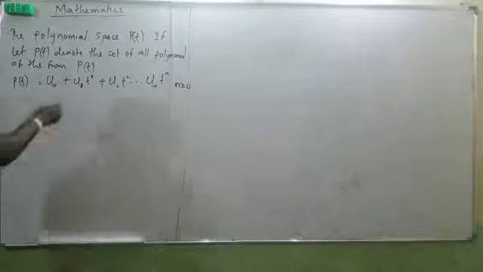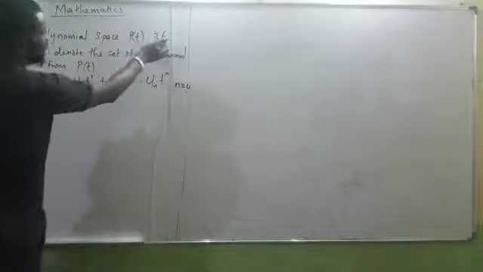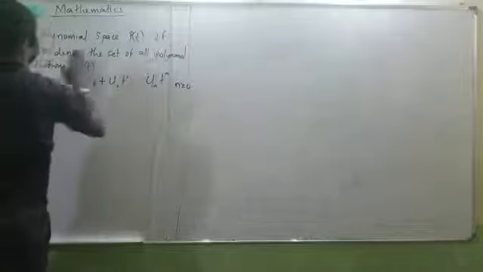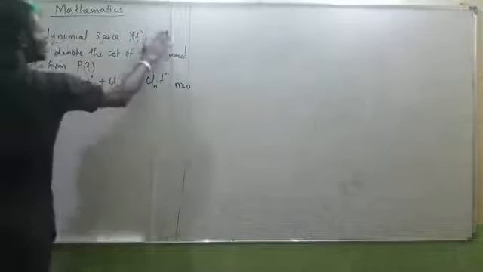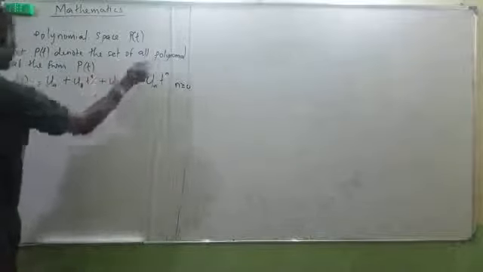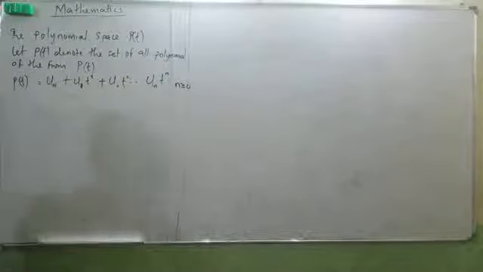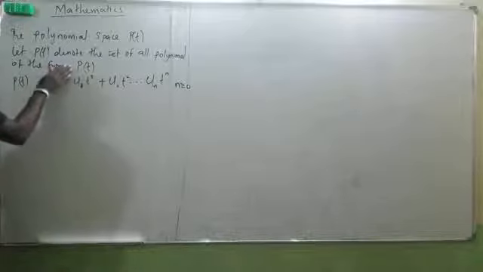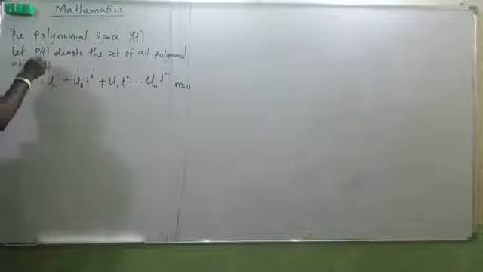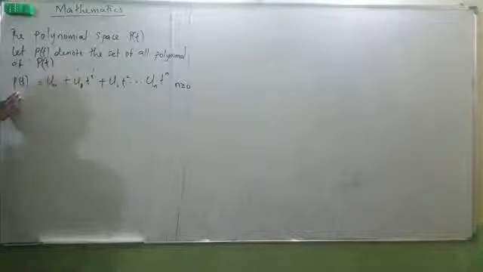The polynomial space, which is P of t, sorry, this is a statement error. Let P of t denote the set of all polynomials of t, sorry about that. Now, P of t is equal to what?